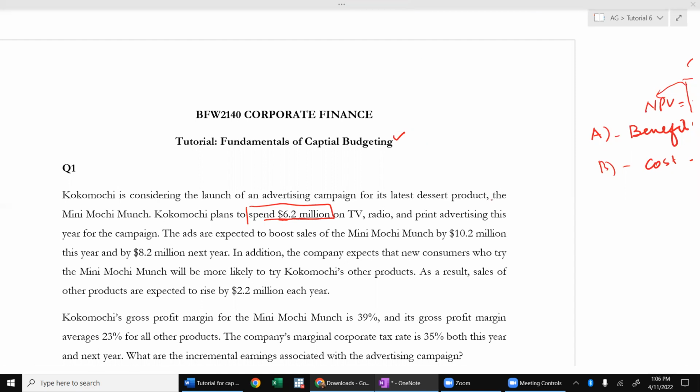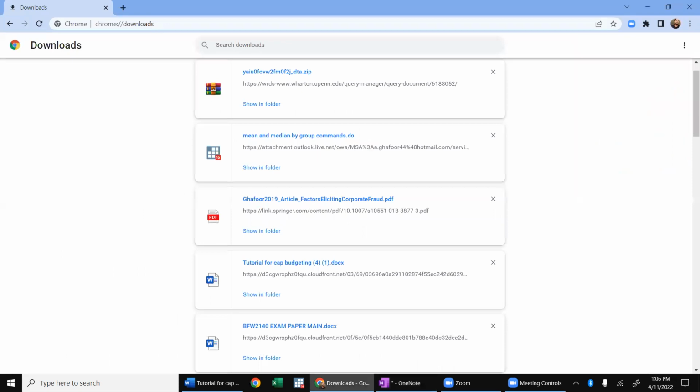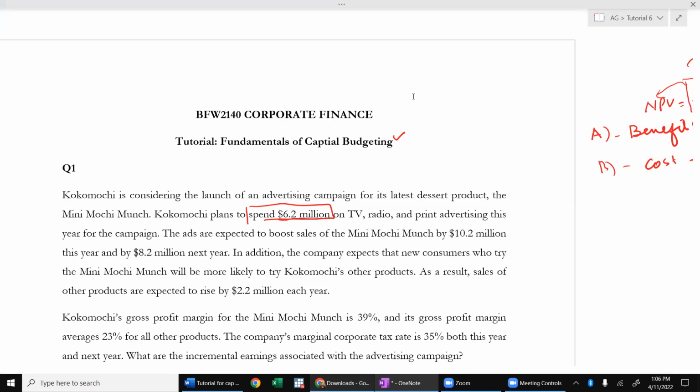One of the students asked me, sir, where can I find the questions on capital budgeting? The questions will be in week 7, under risk and return. I will show you. Once I complete that, I think it is under the risk and return chapter. If you go to that chapter, you will find these questions, because this week I will upload the lecture on risk and return. That is why this week we are going to discuss tutorial questions of the previous week.